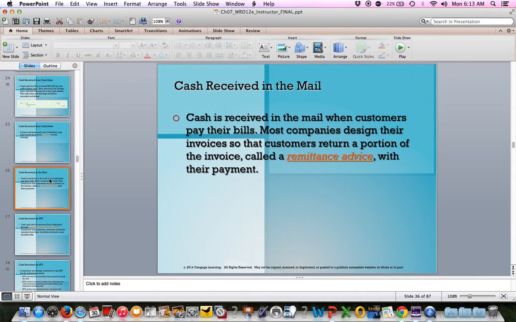And so the customer gets that, takes the bill out, takes the envelope out, tears off the remittance advice, writes in their information, puts a check in the envelope, or maybe their credit card information was on there, seals it, stamps it, we get it. And so what would happen is you'd get these huge tubs, these white tubs you get from the post office, full of these envelopes that have these remittance advices in them along with checks.